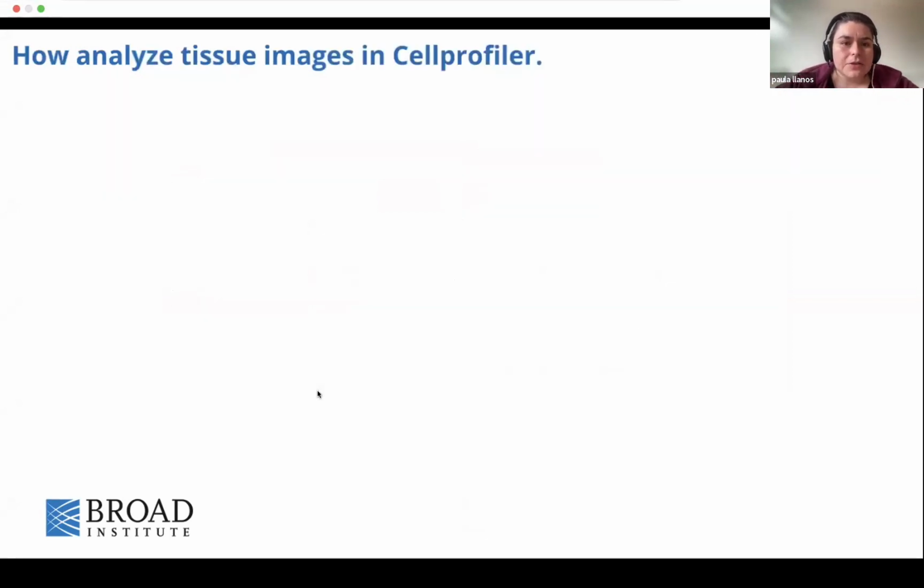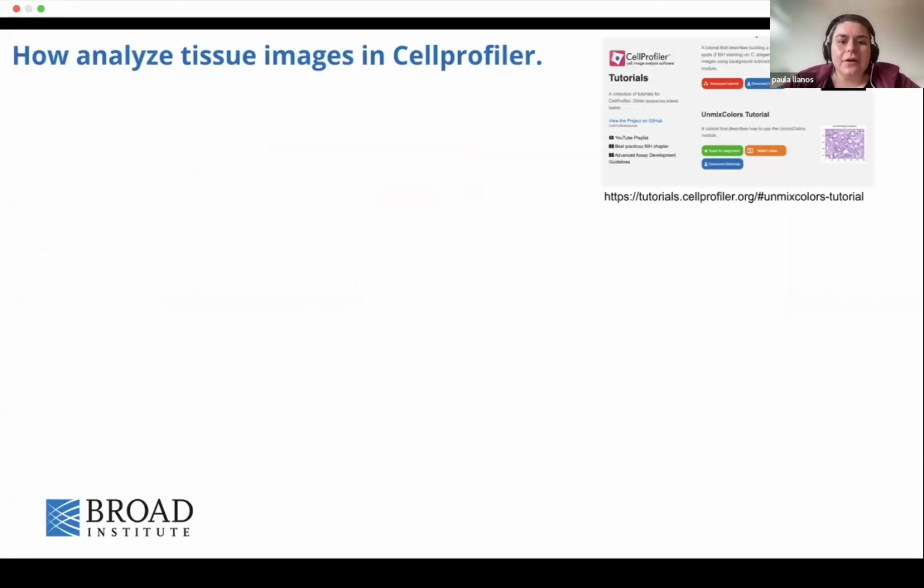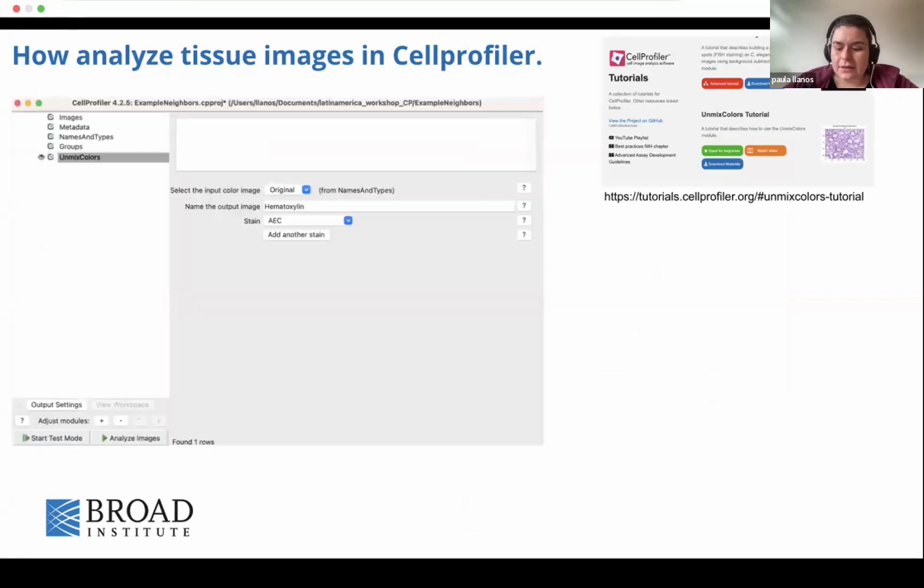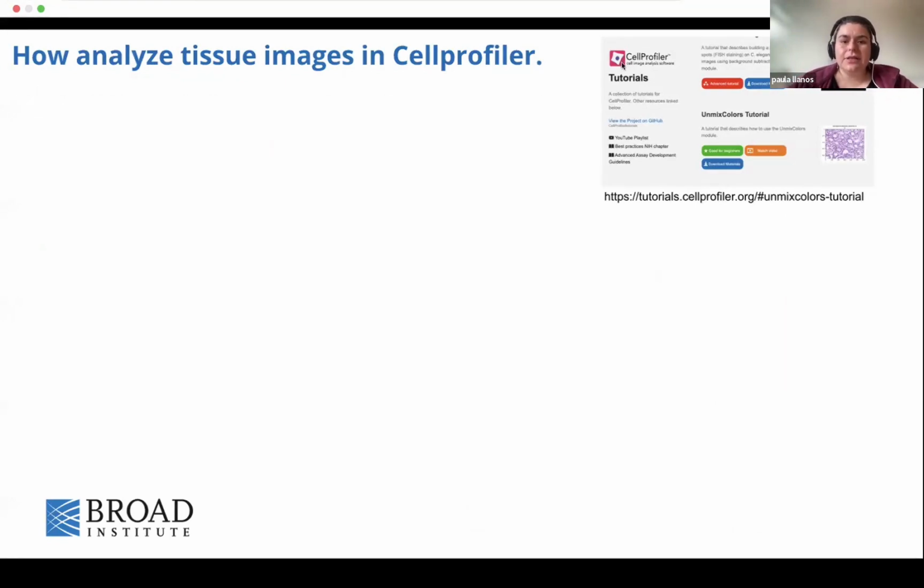So what happens, for example, if I don't have a fluorescence image, and I have histological imaging with another kind of dye? Here in CellProfiler, you can also analyze histological imaging, tissues, and everything.